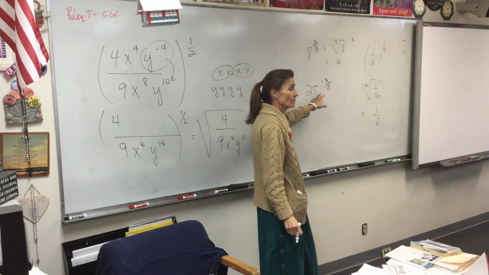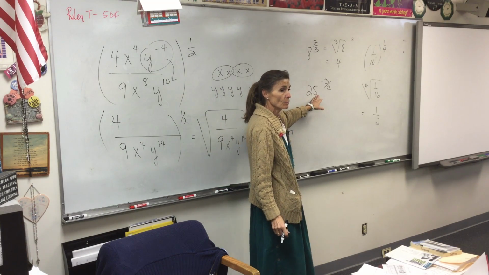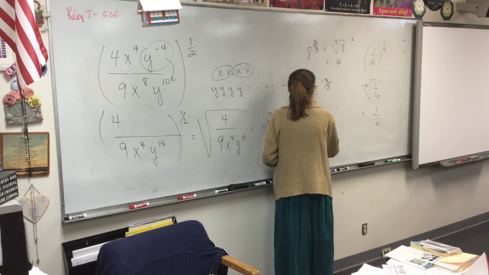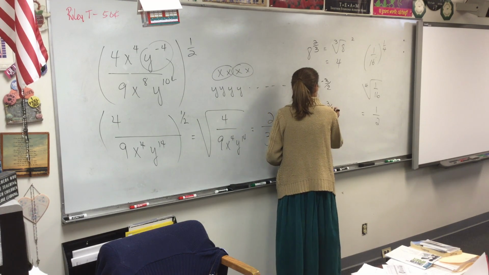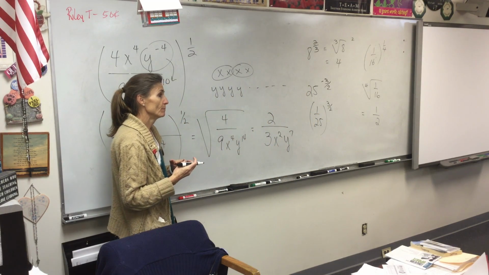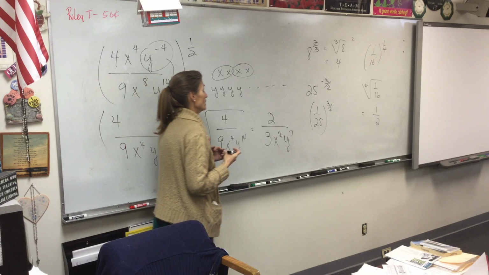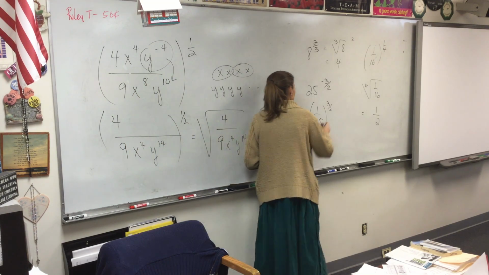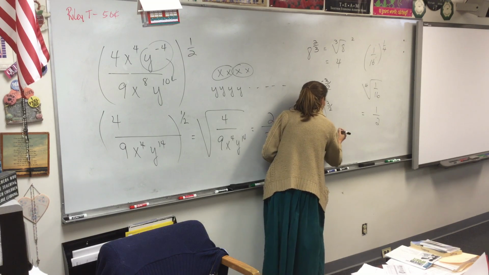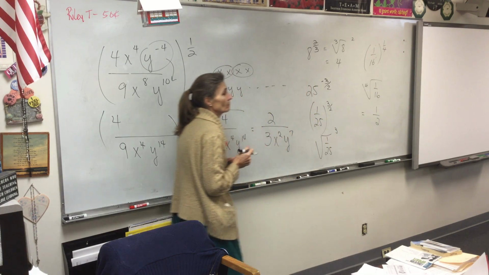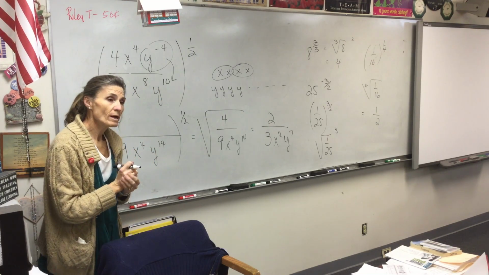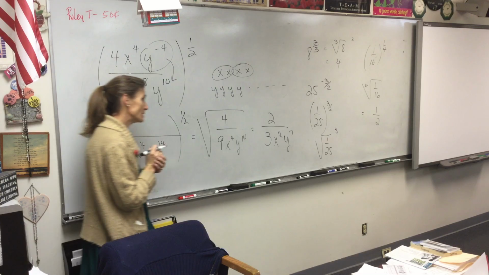This one's a little tougher. We're going to start by writing it as 1/25. Why do we have to do that? Because it's a negative exponent. What does the 3/2 exponent mean? Square root cube. What's the square root of 1/25?